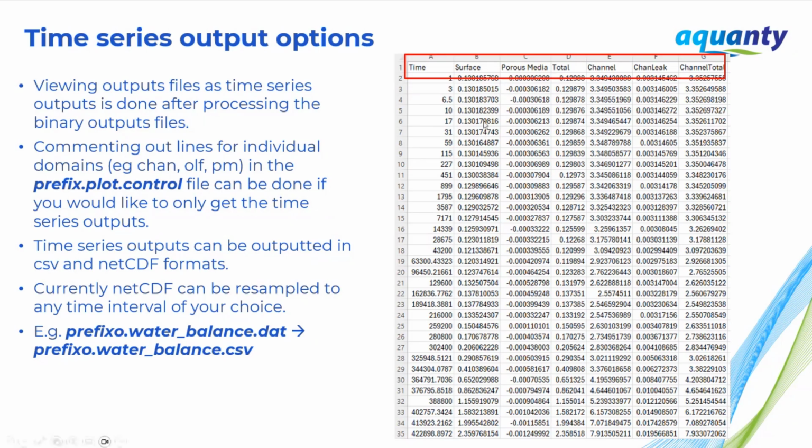You also get the variables of each of the hydrographs. The time here is in time steps in seconds, which is inherent to the model. Because this has time in seconds, people end up resampling to hourly, weekly, monthly, or yearly, anything of their choice.